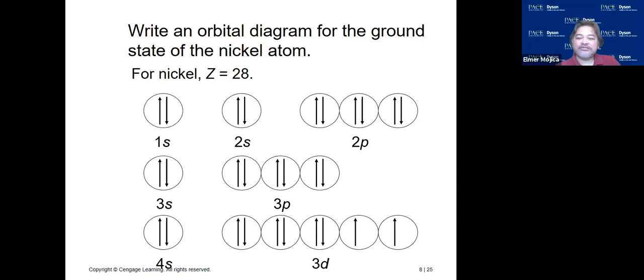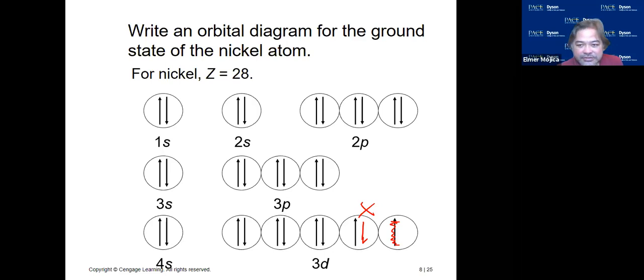One way you might think is, what if we just remove it and put it here? That is wrong, you're going to disobey Hund's rule. Those are the last things you need to remember: the Pauli principle, the Aufbau principle, and Hund's rule.